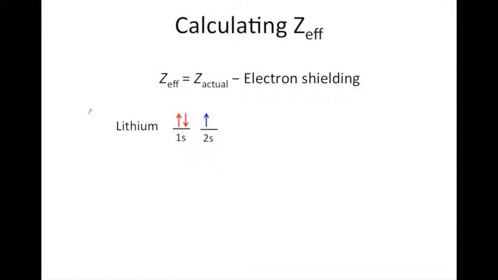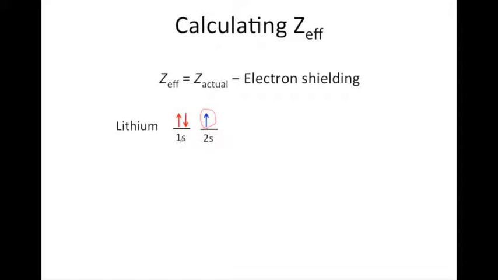Let's take a look at the effective nuclear charge for lithium. Here's the electron configuration, and we want to determine the shielding felt by this outermost electron. I've got the core electrons in red, and the electron of interest is blue. Let's assign some numeric values. These are core electrons with n equals 1, and the valence shell is n equals 2.